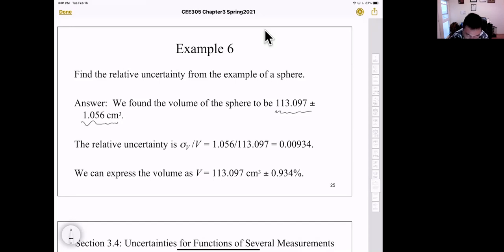Sigma v is 1.056, and v is 113, so relative uncertainty is 0.00934. We can use it as a percentage, so the volume can be rewritten as 113.097 cubic centimeters plus minus 0.934%. So that is relative uncertainty.